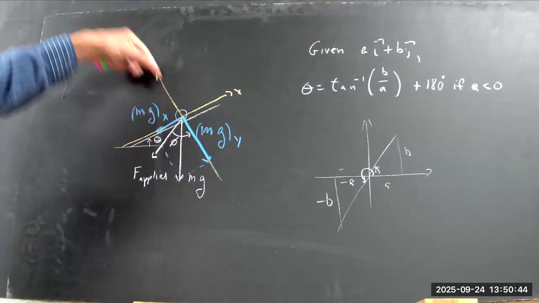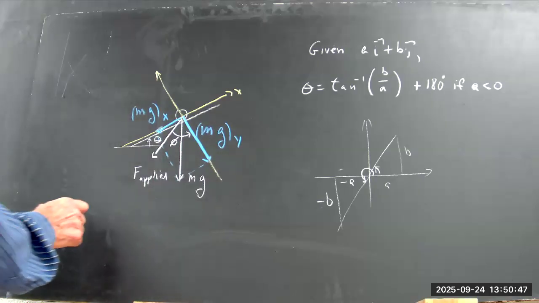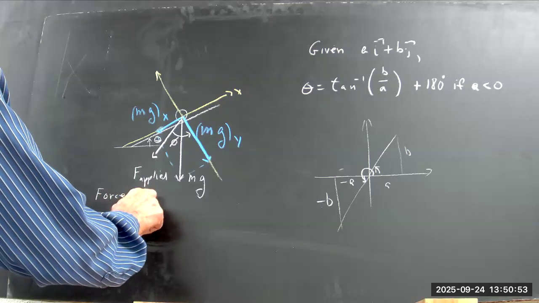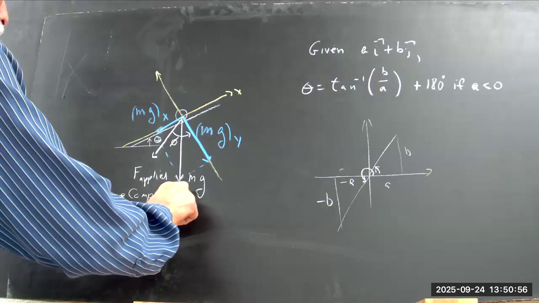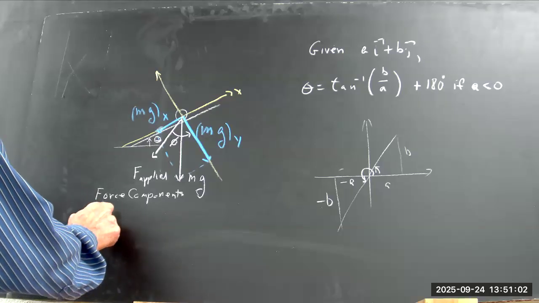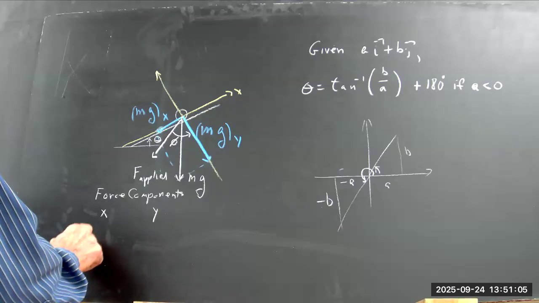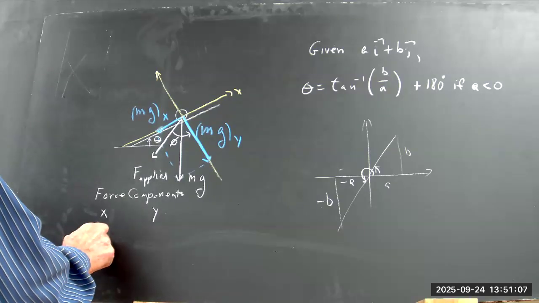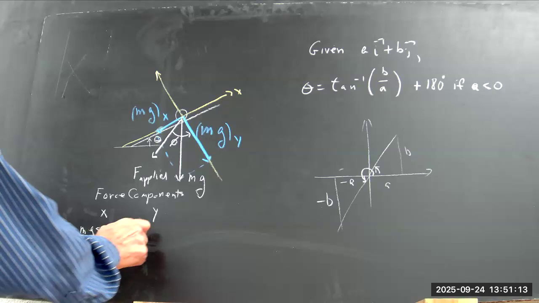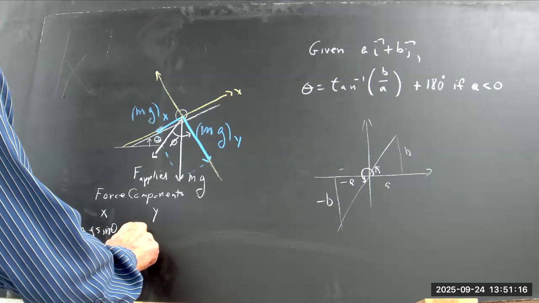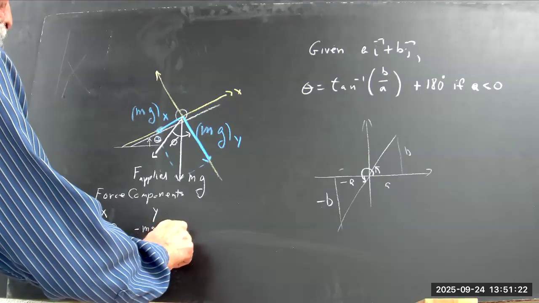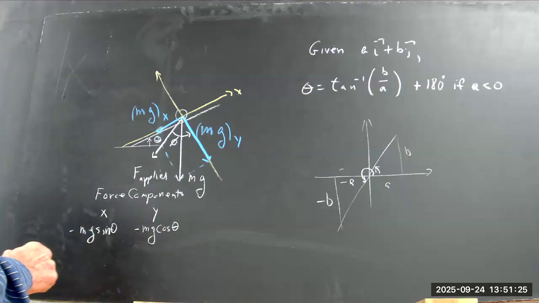Now that's going to be the angle with the y-axis. So your force components are negative mg sine theta and negative mg cosine theta.